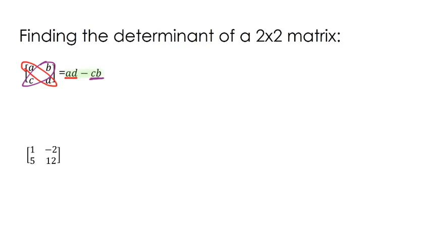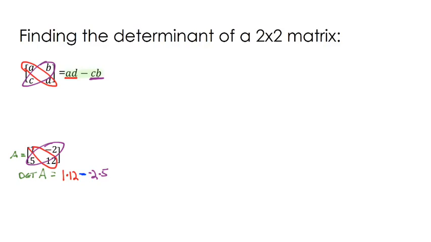If I wanted to find, let's call this matrix A, the determinant of A, that would be the product of 1 and 12, so I'd do 1 times 12, and then I would subtract the product of these two elements, negative 2 times 5.